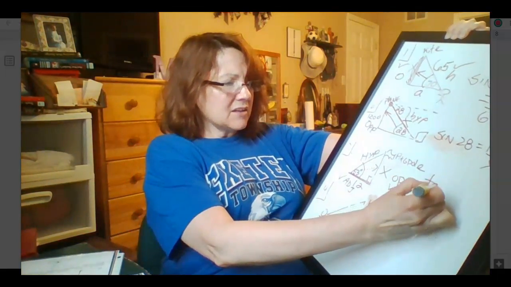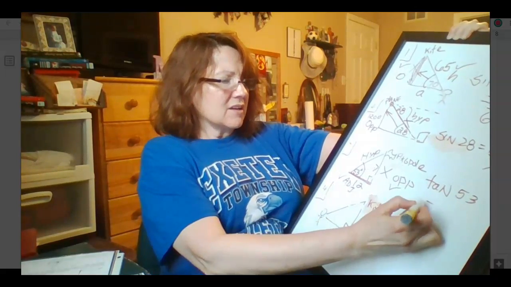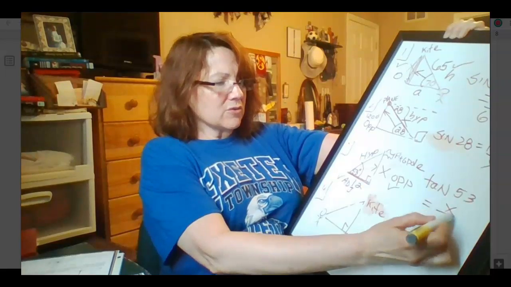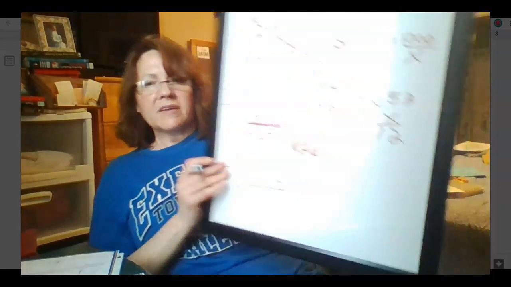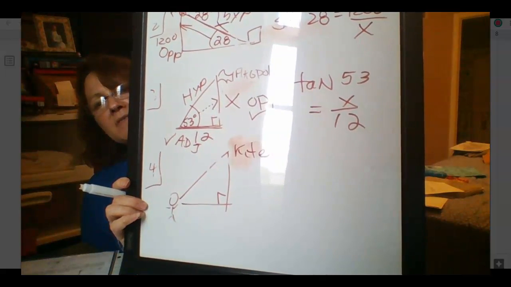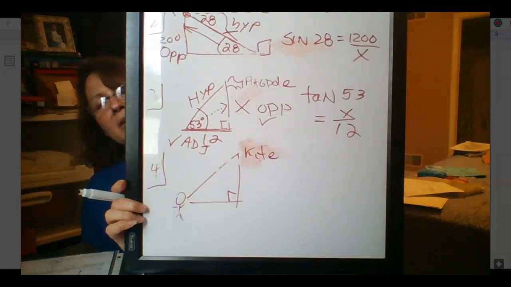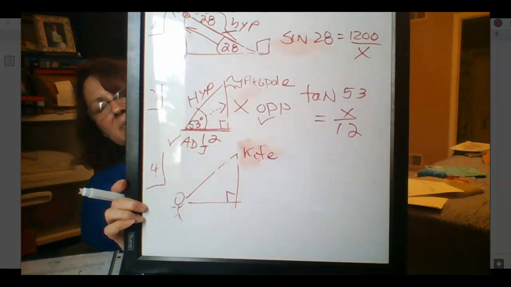Well, it's tan. So I'm going to say the tan of 53 degrees equals x over 12. Right, because it's opposite over adjacent. So to solve the tangent of 53 equals x over 12, you would need to multiply both sides by 12.